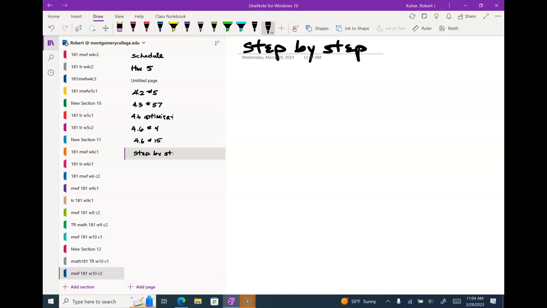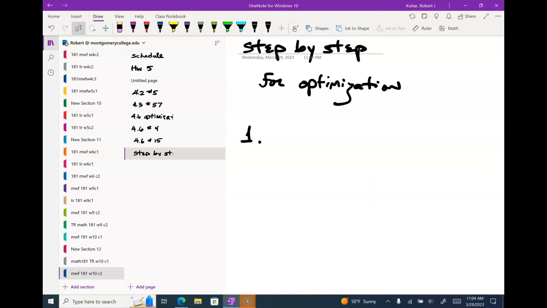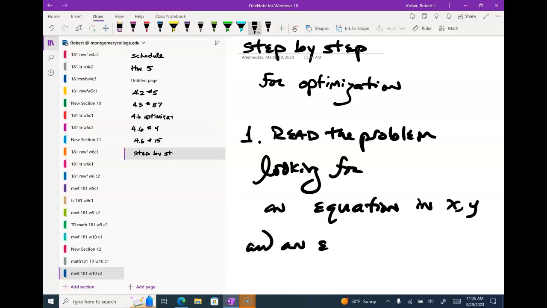So this is a step by step for optimization problems, right? Step one is read the problem and see if you can kind of discover an equation in x, y, and an expression in x, y to be optimized, right?